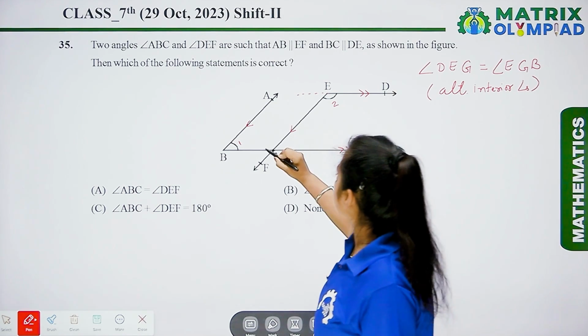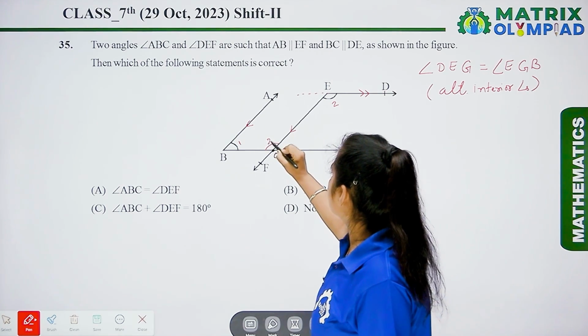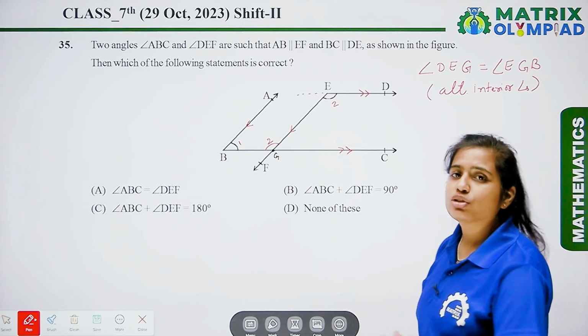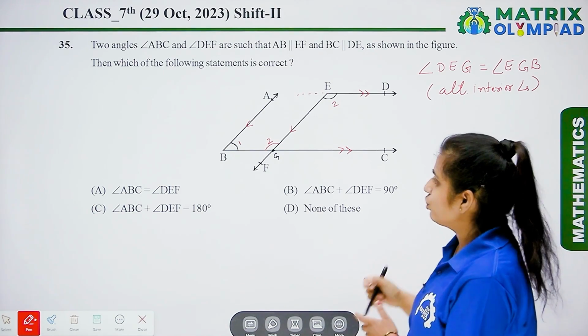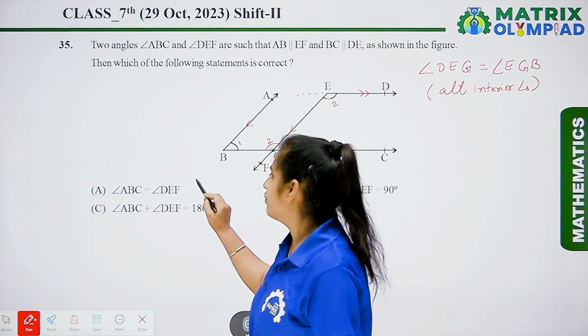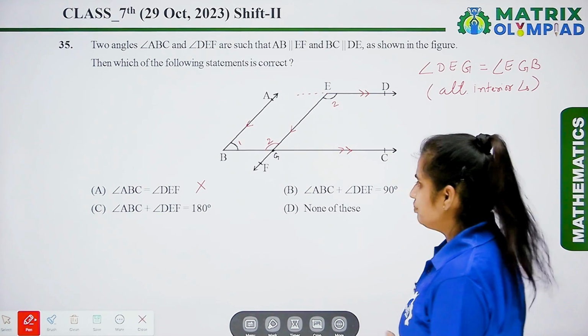So here this angle 2 is equal to angle 2 here because of alternate interior angles. So according to this rule, these two angles are not equal. So the first statement is false.